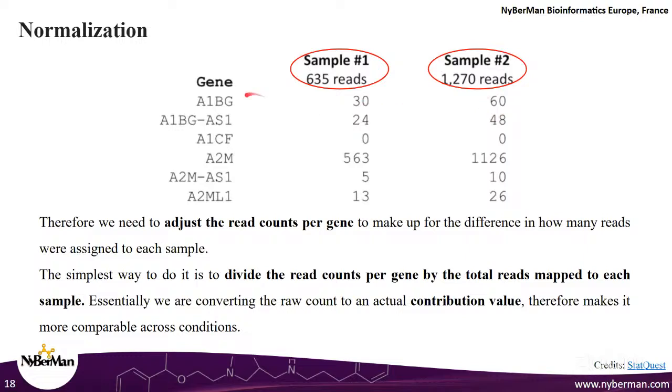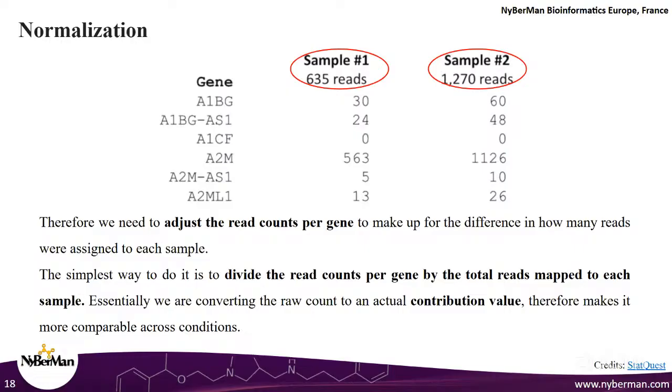That means in reality, the gene A1BG is actually not differentially expressed between these two samples, right? If we had taken the raw values, we would definitely conclude that in sample 2, A1BG is highly expressed as compared to sample 1, right? But as soon as we take the contribution value and not the raw value, our conclusion changes.